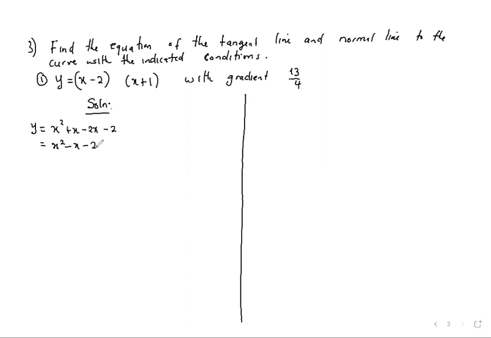And then we differentiate this function. We get dy/dx, which is going to be 2x minus 1. This is called the gradient equation.